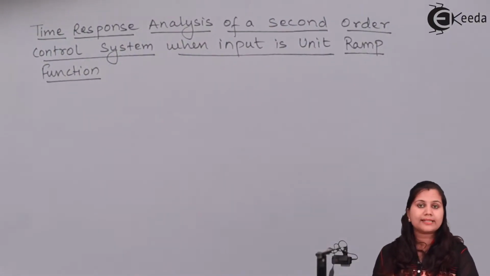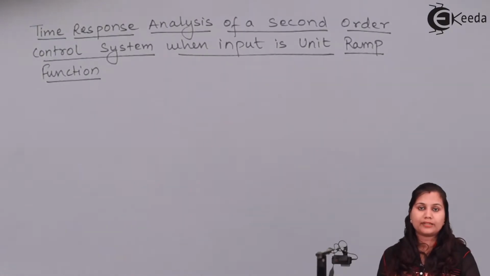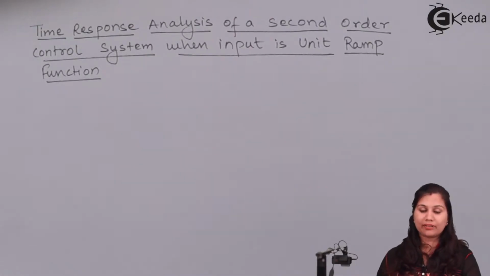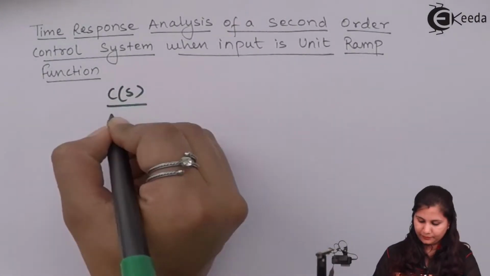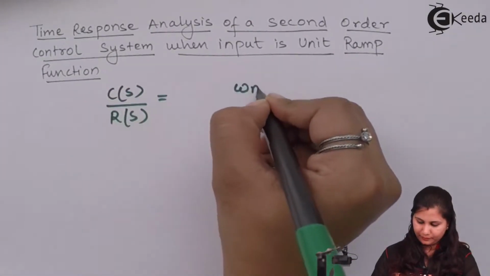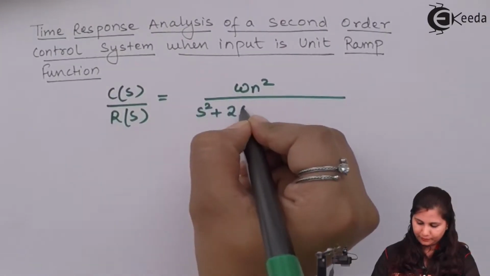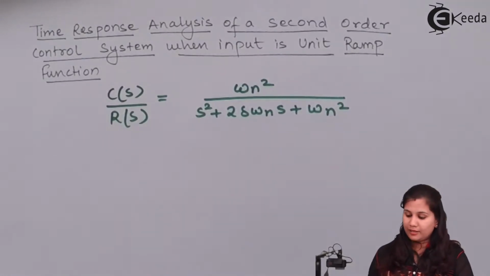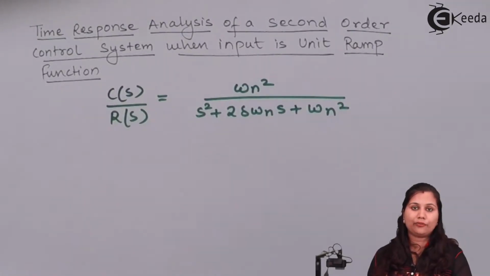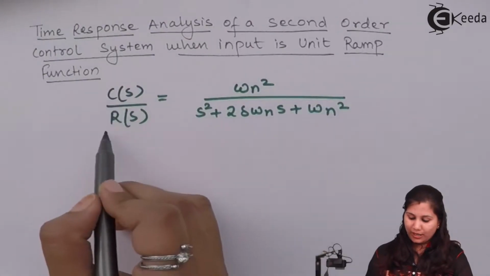We know that a second order control system's transfer function is given by the generalized or standard form. Now, this is the transfer function.